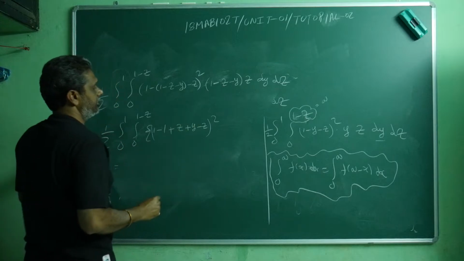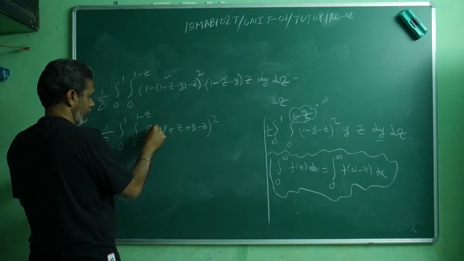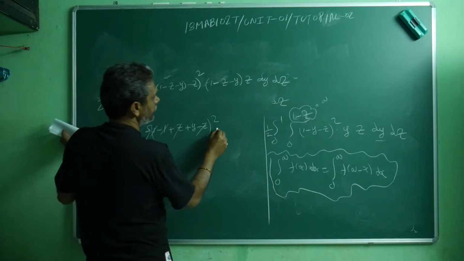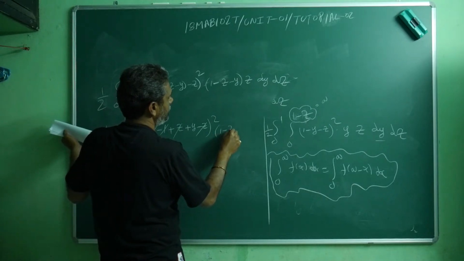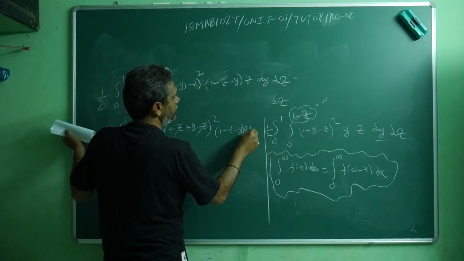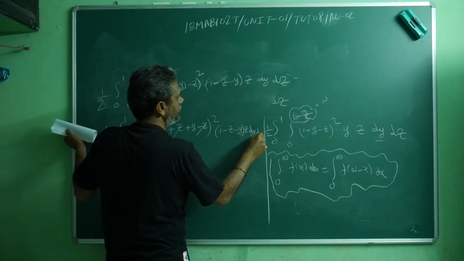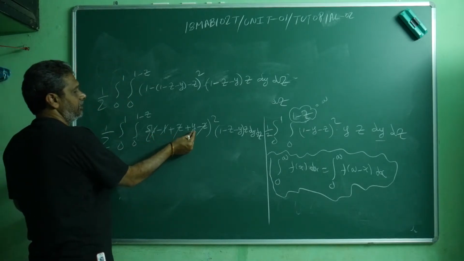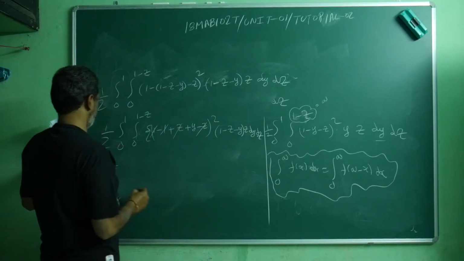See how nicely I am coming. Strike, strike, this fellow goes, this fellow goes off. 1 minus z minus y into z dy dz. Getting answer. This whole expression I got it as a small simple y square.